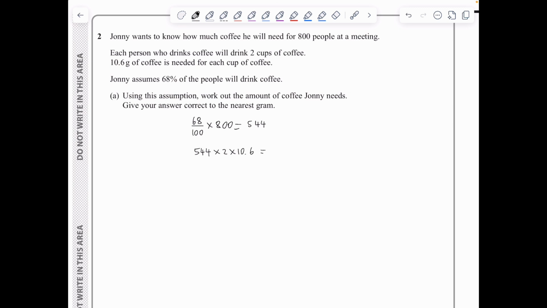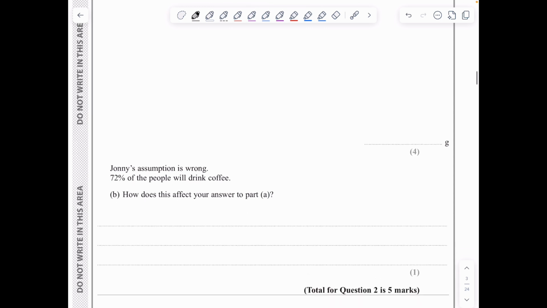So if I do 544 times 2 times 10.6, I get an answer of 11,532.8, which means that to the nearest gram, we're looking at 11,533 grams of coffee.